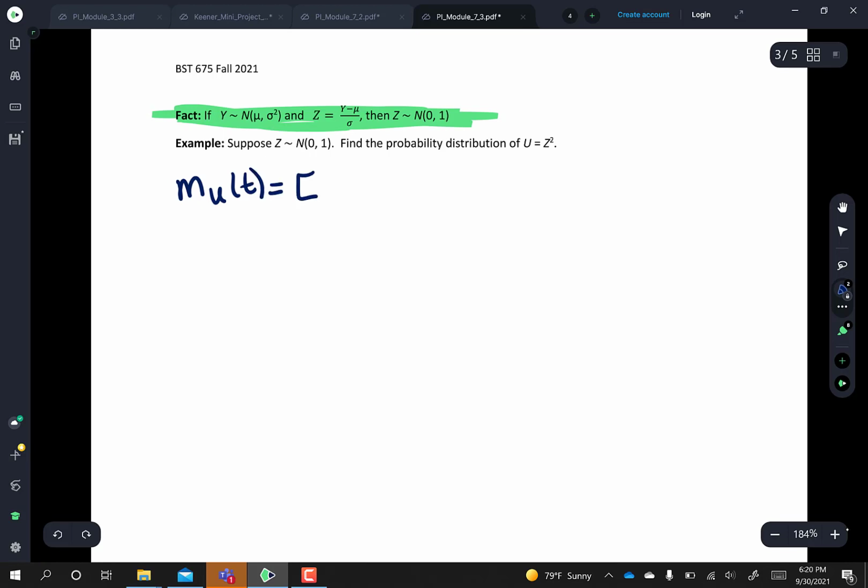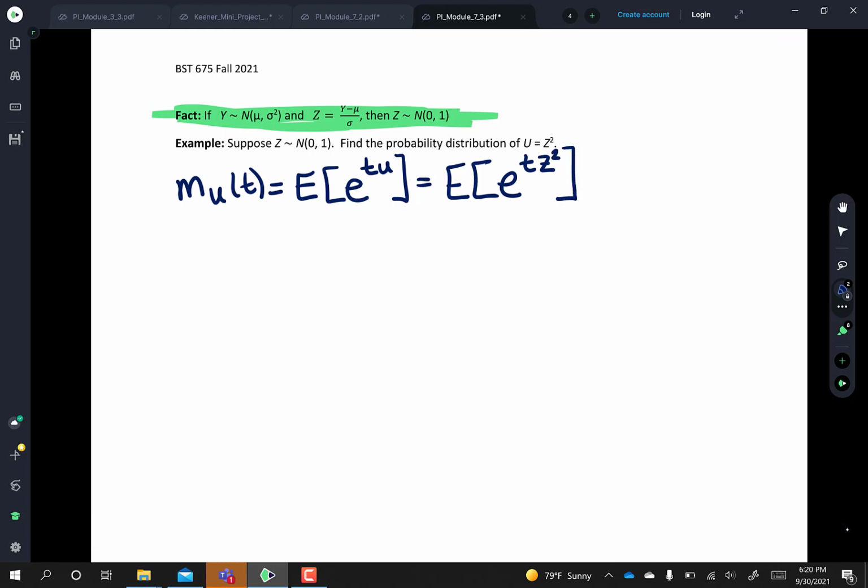By definition, this is equal to the expected value of e to the tU, and that is equal to the expected value of e to the tZ squared. Okay. Well, next we're going to use the definition of expected value.